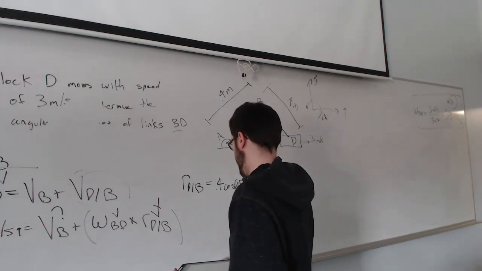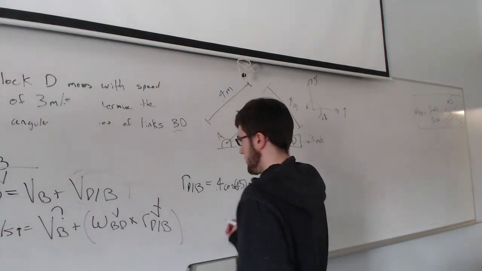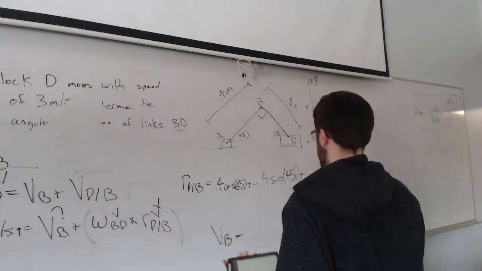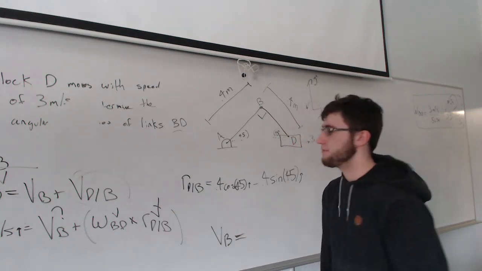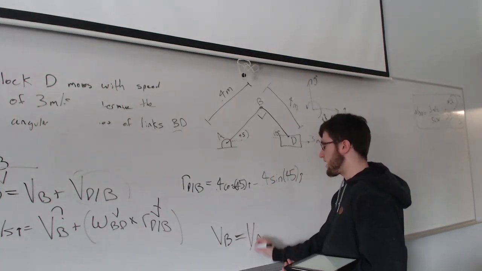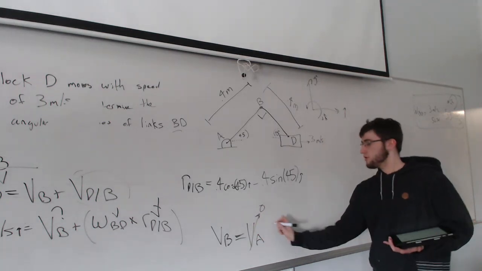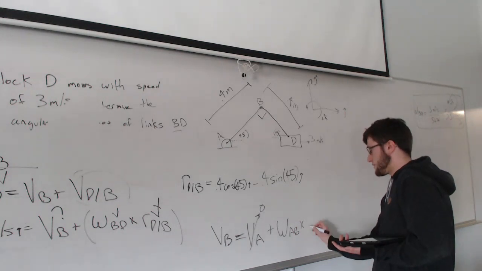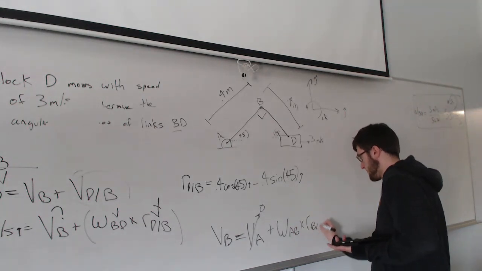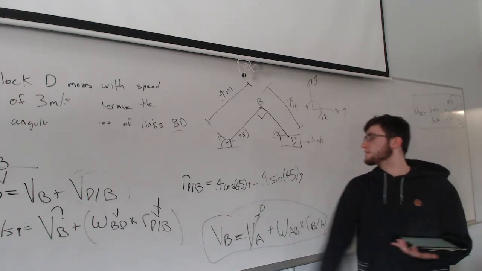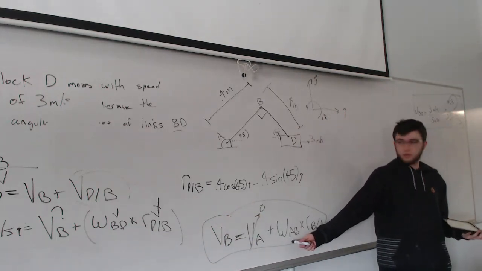Actually, first, you might ask, why would you want the velocity of B? I erased it because I ran out of space, but the velocity of B is equal to the velocity of A, 0, plus the angular velocity AB crossed with R. So this is the other base equation I started with, right?